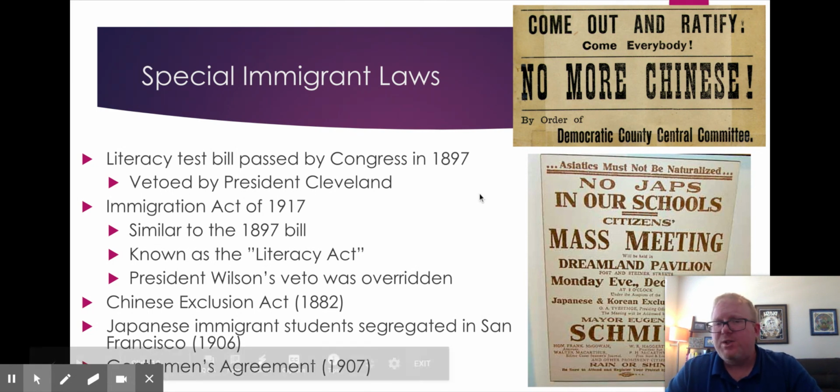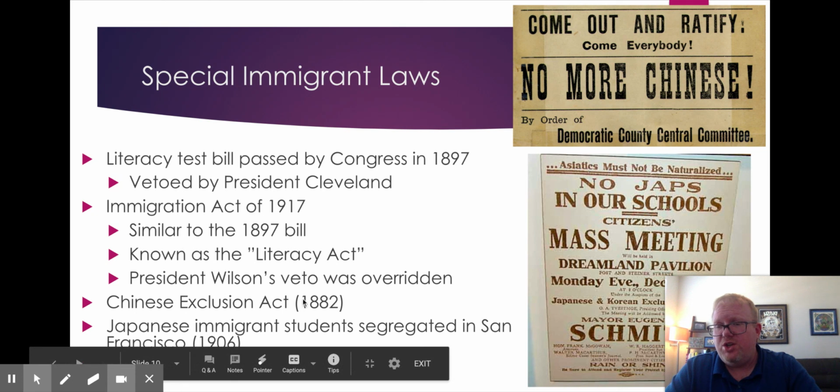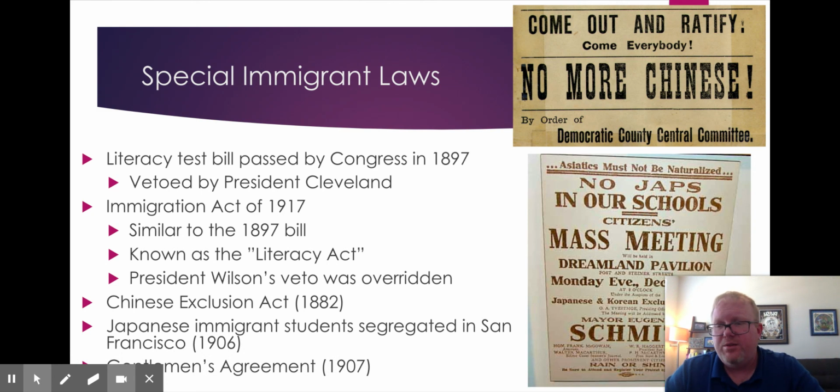But we still see different reactions to different groups based on things going on, like countries that might have a lot of political strife or a lot of issues with hunger and whatnot, and refugee groups. And so they've had these kind of things going on for a long time, and you still see some of them. Now, another group, so Chinese Exclusion Act, you need to know it big time. Another group that was coming in and then was discriminated against were the Japanese.